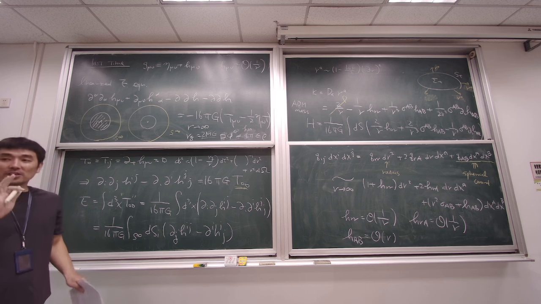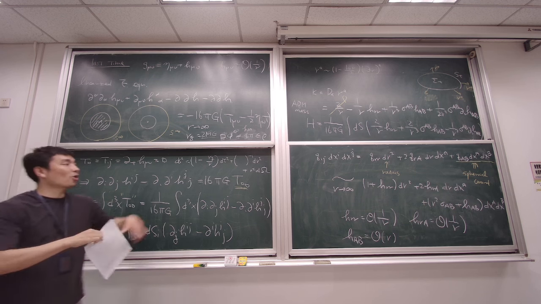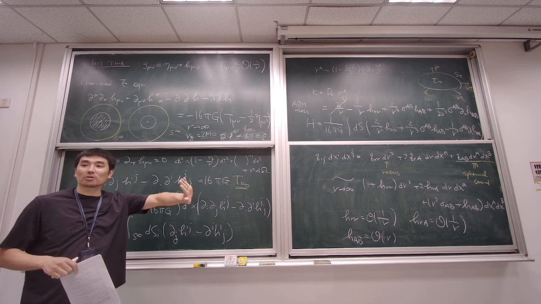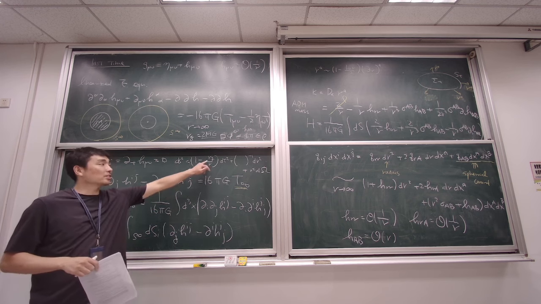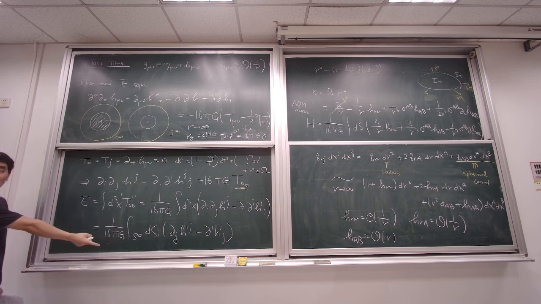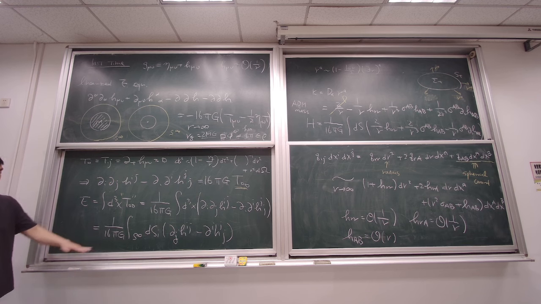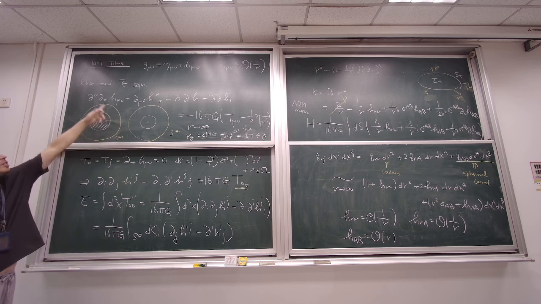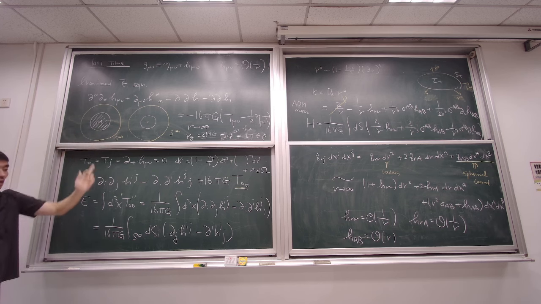So really, to measure this constant, you need to go to infinity to fix this Rg. Here is also the same: you look at the metric at infinity.